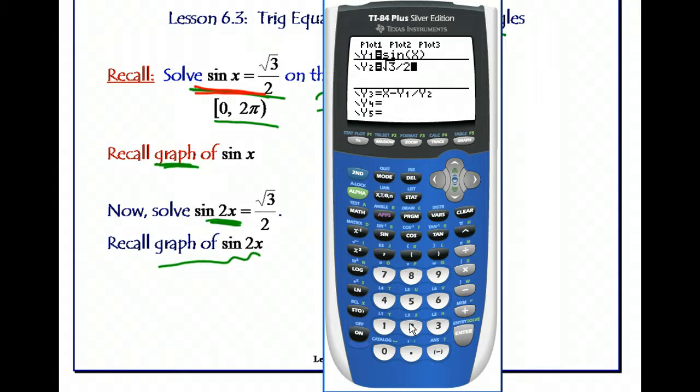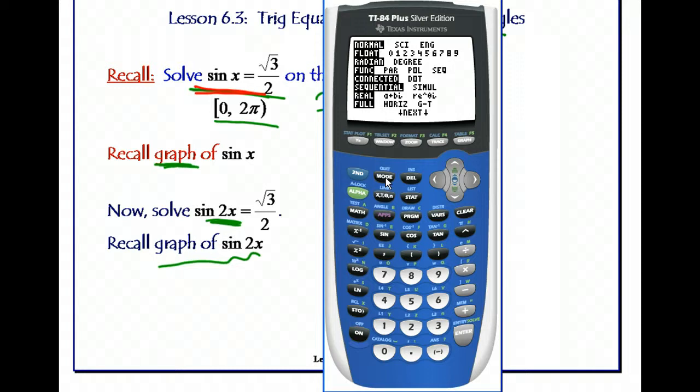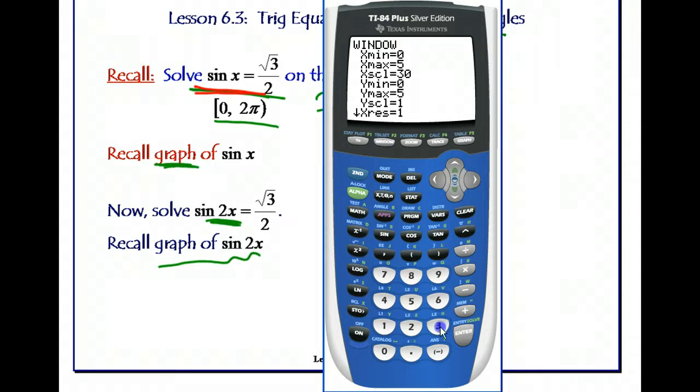Just to make it a little easier to see, let's switch our mode to degrees, because sometimes it's easier to see this in degrees. And then let's choose a window. Let's go from 0 to 360, because there's 360 degrees. We can count by 90, something like that would be okay.